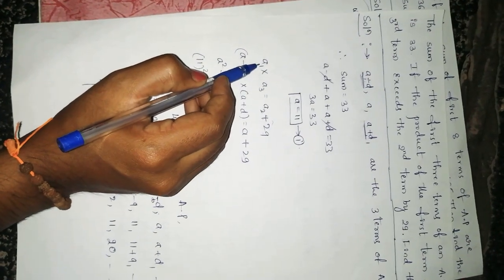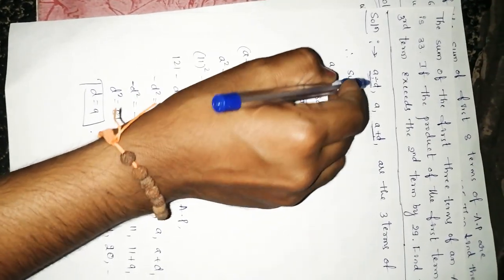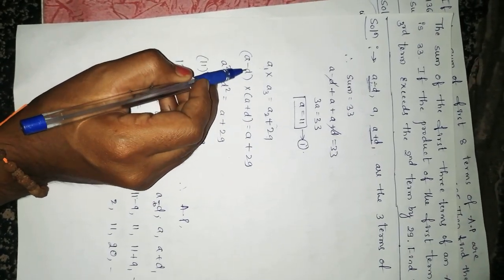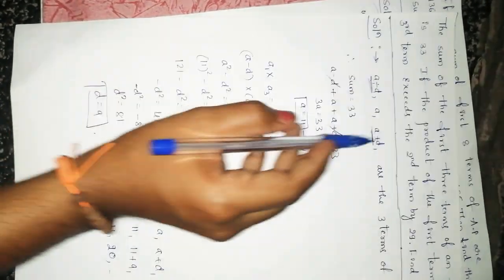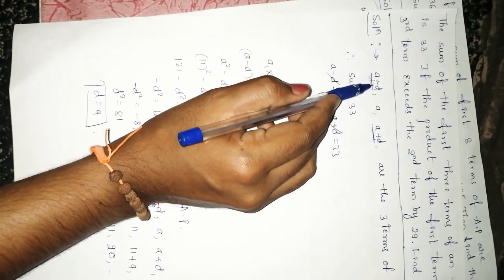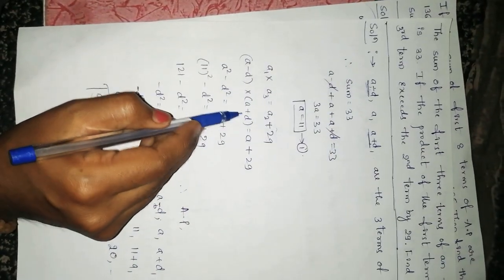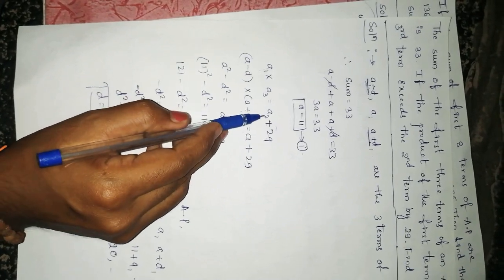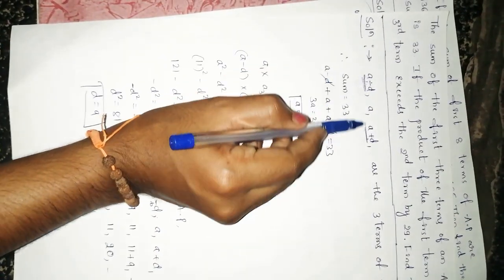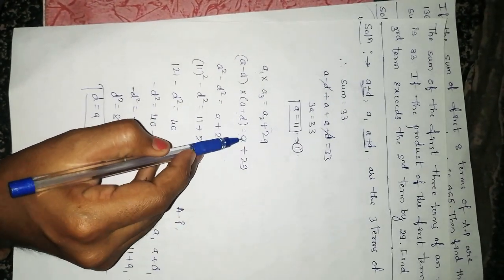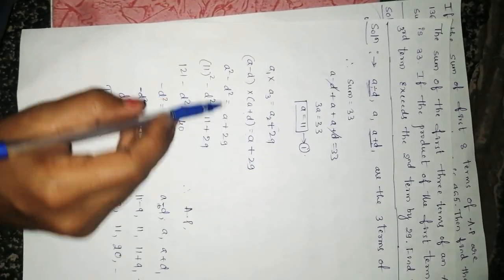Here a1 is not a; here a1 I have taken as a − d. That is the important part here. a1 as a − d into a3, the third term, which is a + d, is equal to a2, the second term, which is a, plus 29.